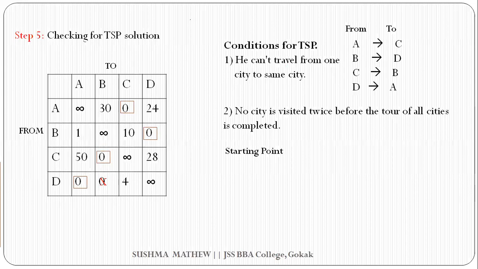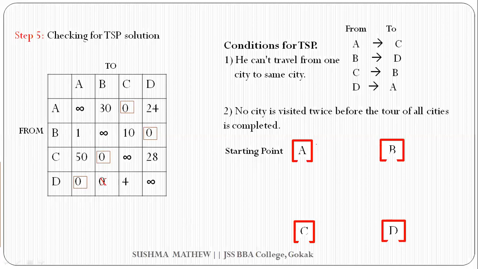Suppose for example A, B, C, D are there. I'll just show you with an arrow mark here. The points are A, B, C, and D. Now these are the cities that he has been asked to cover. His journey starts from A to C.